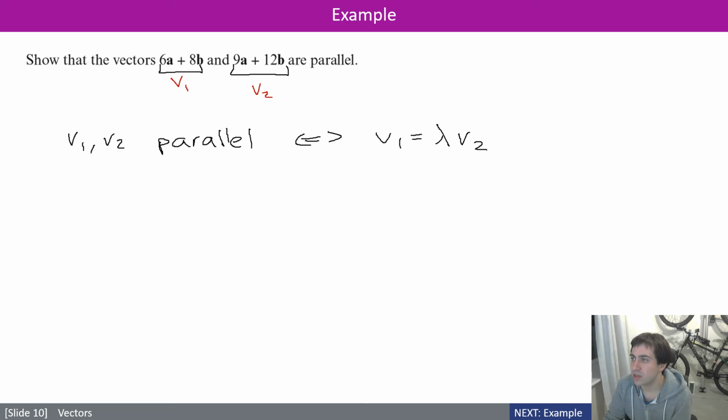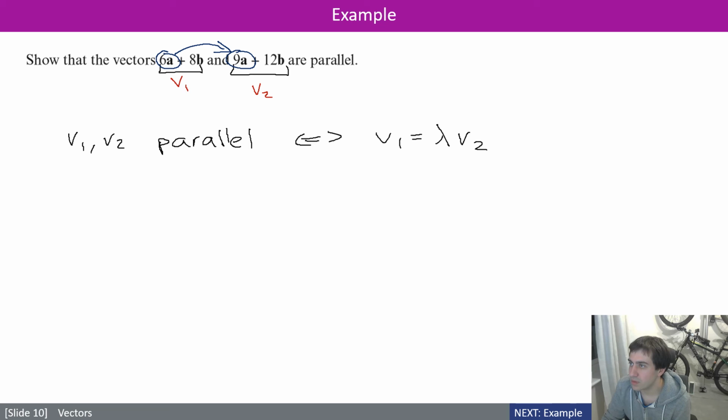In this case, just pick one of them, the A's, let's say. To go from 6 to 9, or likewise from 9 to 6, it doesn't matter which way around, what do I multiply by? Let's go from 9 to 6. So that's times 2/3.